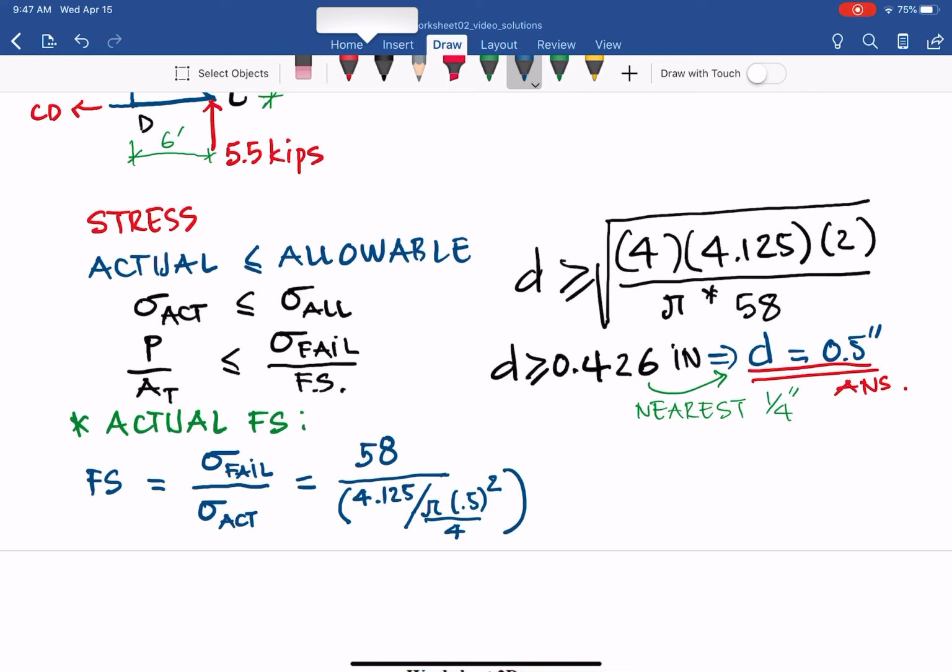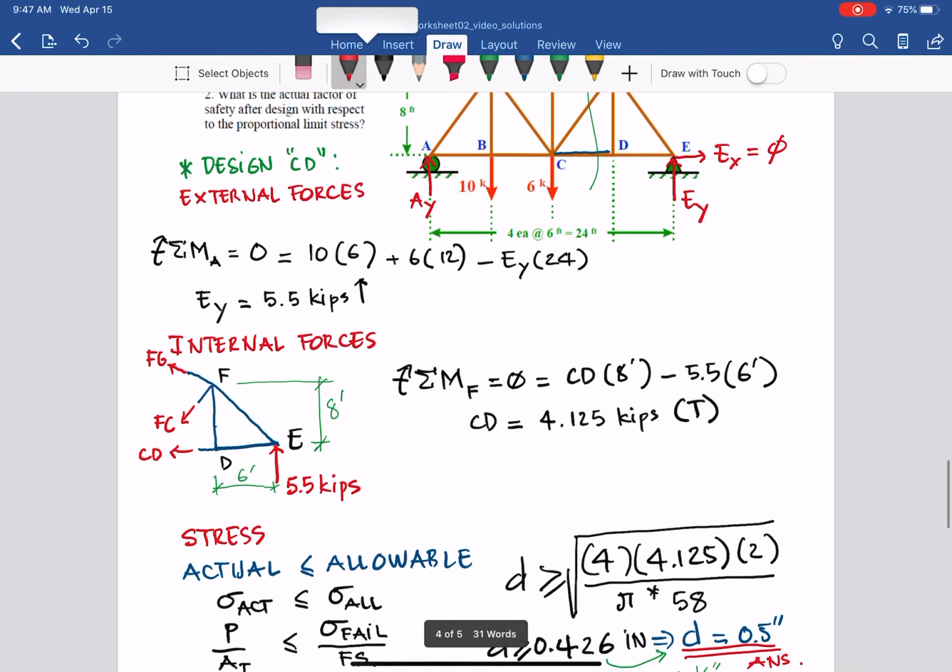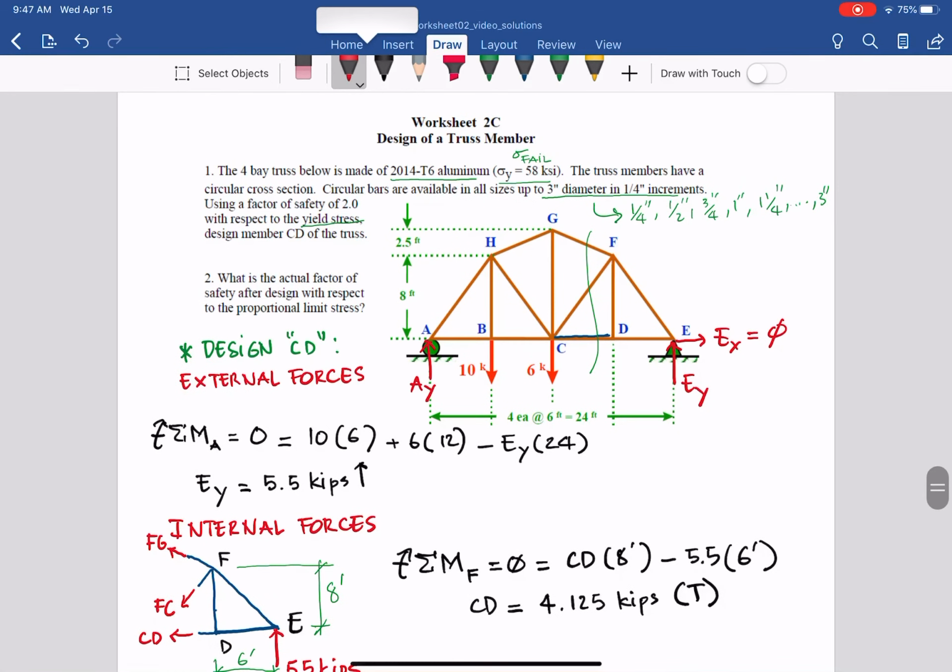And from that, we get the factor of safety equal to 2.76, which makes sense because the original factor of safety is 2.